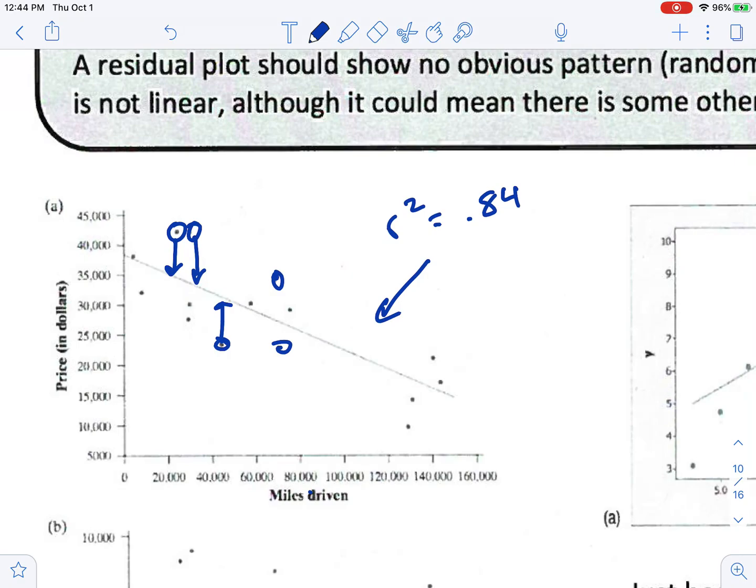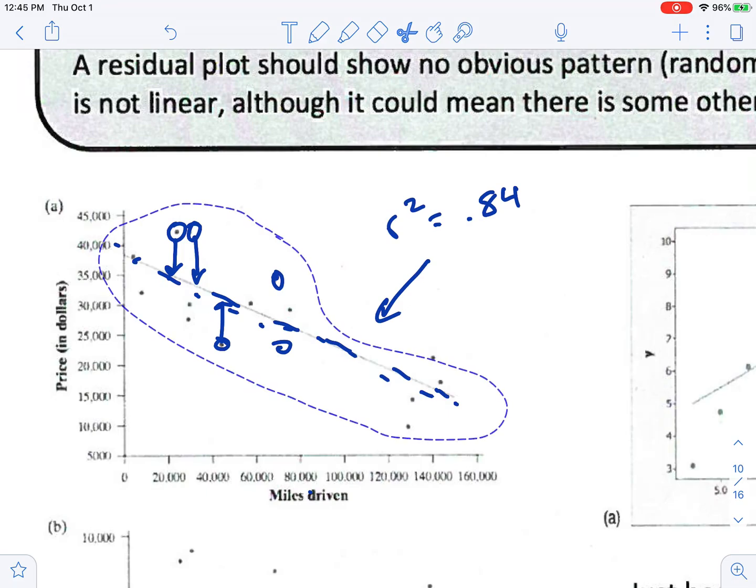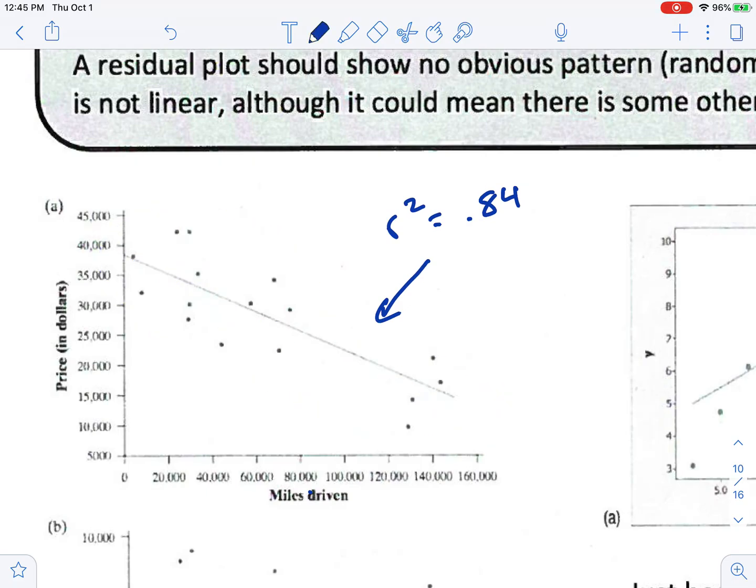If every single point was literally on the line, basically we'd be saying the relationship between miles driven and price is a perfect correlation, meaning miles driven is the only thing that tells you the price of the truck, because as the miles change, the price changes in the same exact sloping way. That's not the case, and likely will never be the case for pretty much any 2 quantitative variables.